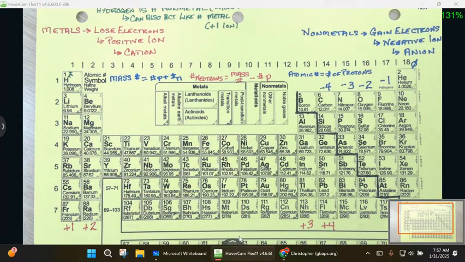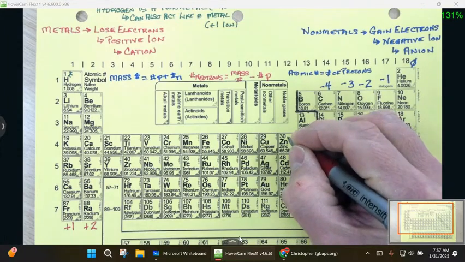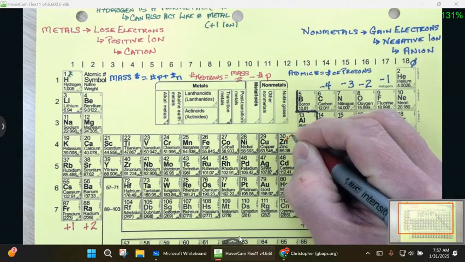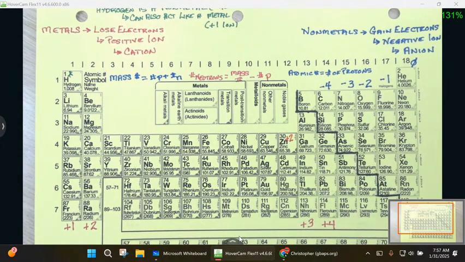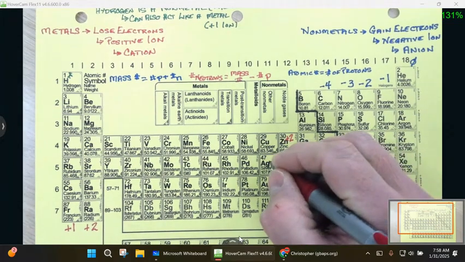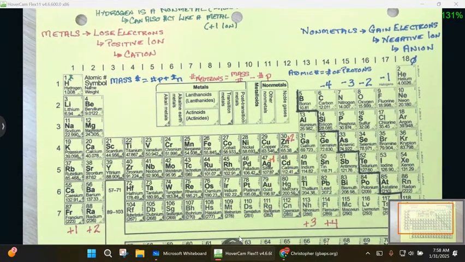Okay? There are a couple special ones, though, that are fairly normal. One of them is element 30, zinc here. I want you, next to the symbol for zinc, to put a +2. Zinc is always a +2 ion. Always. Never anything else. And silver, the element just kitty corner down below and to the left, is always a +1. Always a +1.